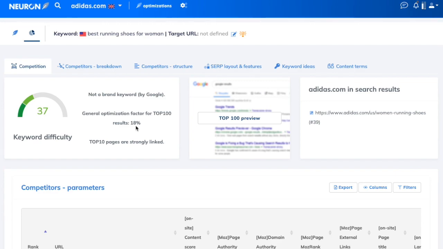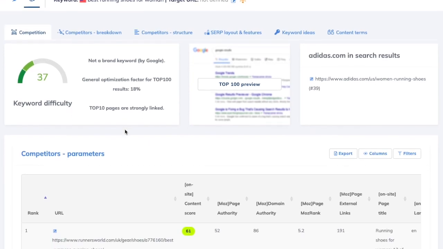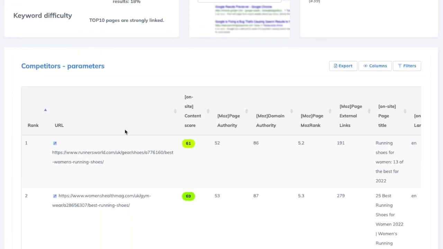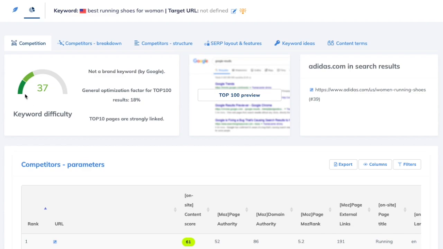And here we have a little bit different view, more for an SEO specialist than the content writer, where you can dive deeper into your competition. First of all, you have a competition tab where you will see your competitors, the keyword difficulty factor, and a top 100 preview, so you can see how the top 100 changes over time.